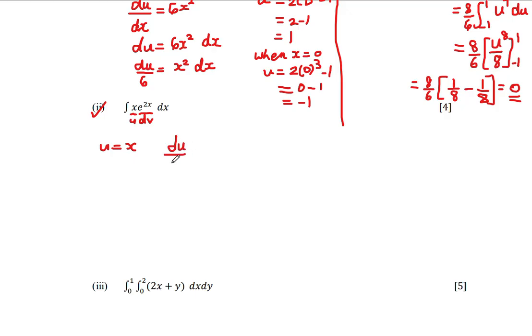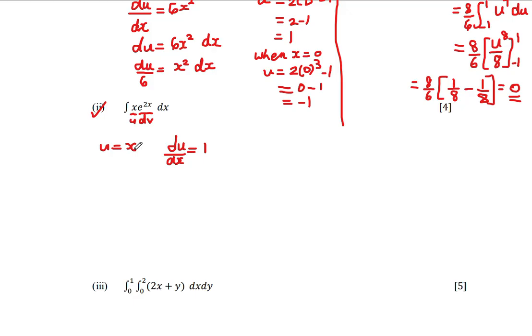So I'm going to find du dx, and du dx here is going to be equal to, when I differentiate x, we get 1, because the derivative of x, or 1x, is just the term in front of the x, which is 1. Just like if I had differentiated 5x, I would have gotten 5, but there's an invisible 1 in front of the x here.